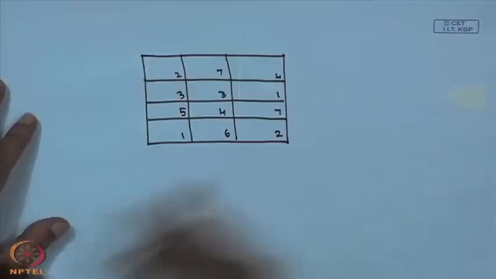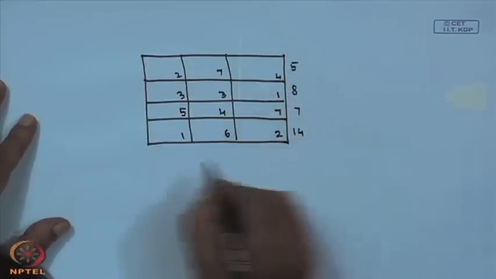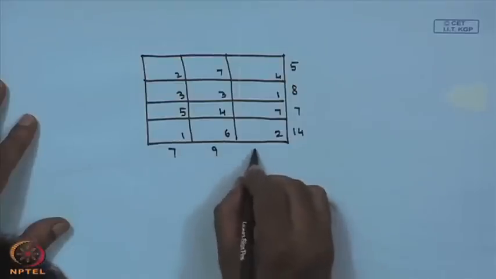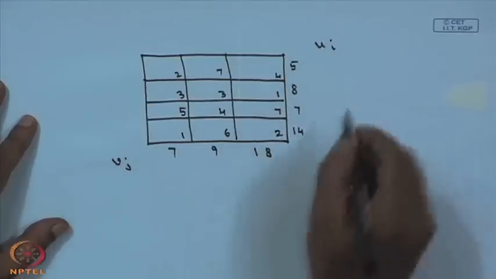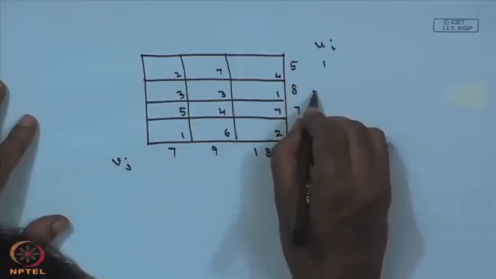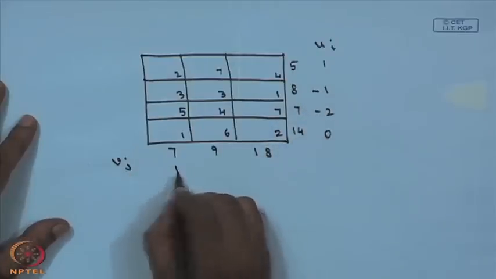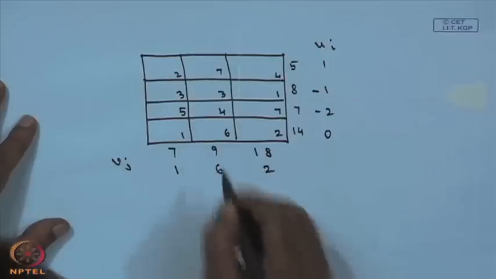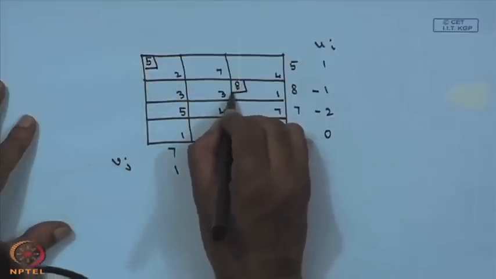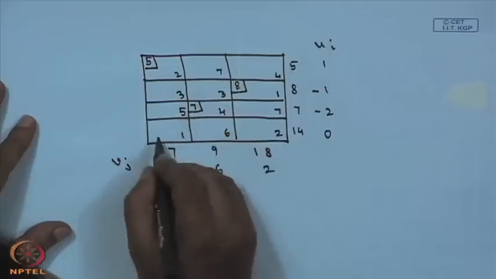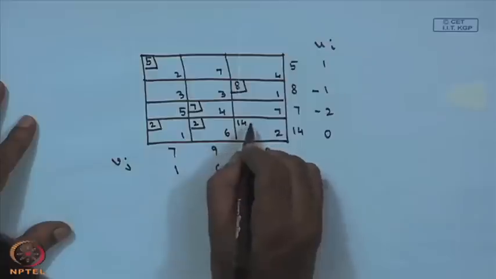The availabilities are 5, 8, 7 and 14, and here it is 7, 9 and 18. Now, you write down Ui and Vj. Already we have calculated Ui, that is 1, minus 1, minus 2 and 0. Vj values are 1, 6 and 2. The occupied cells are 5, 8, 7, 2, 2 and 14.